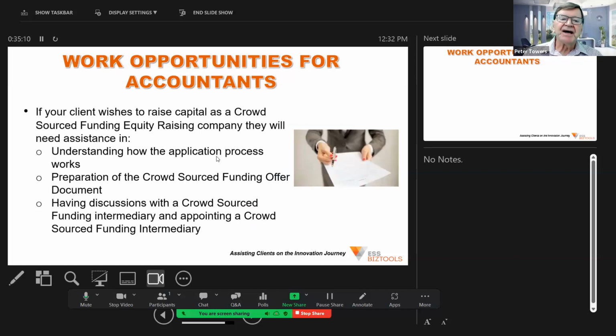And the crowdsourced funding equity raising, as I've got there, it's important to understand the process, understand the role, the responsibilities and the duties of the crowdsourced funding intermediaries. They wear two hats. They represent the government. They represent the Australian Securities and Investments Commission, but they also are promoters and marketers.